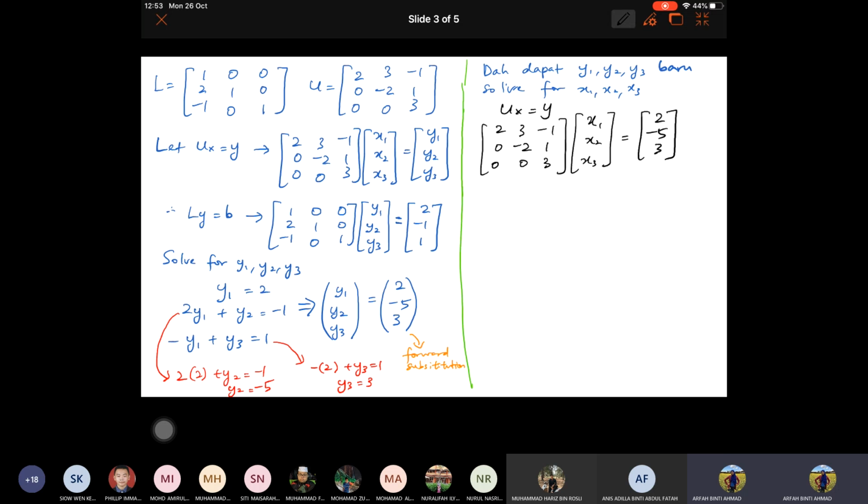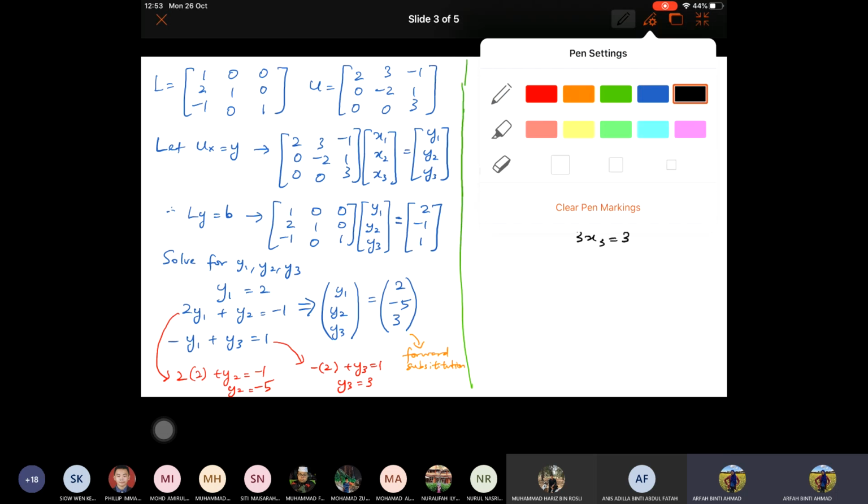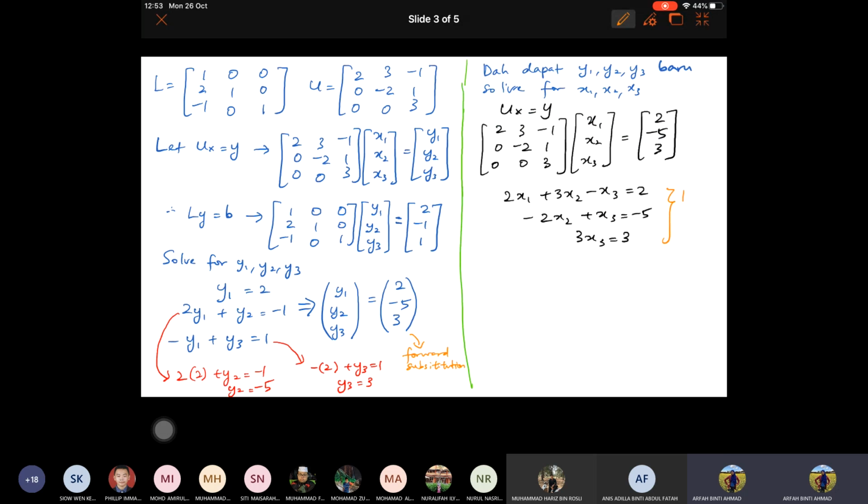So equation ni 2x1 tambah 3x2 tolak x3 sama dengan 2. Negatif 2x2 tambah x3 sama dengan negatif 5. 3x3 sama dengan 3. So, you boleh solve using backward substitution.